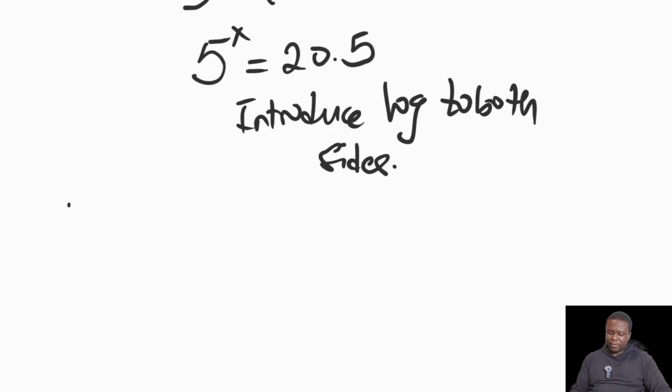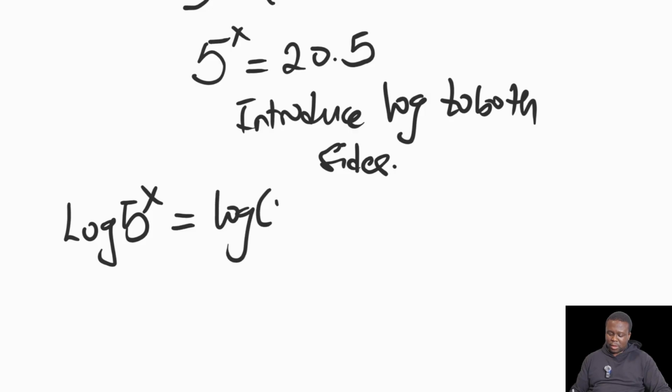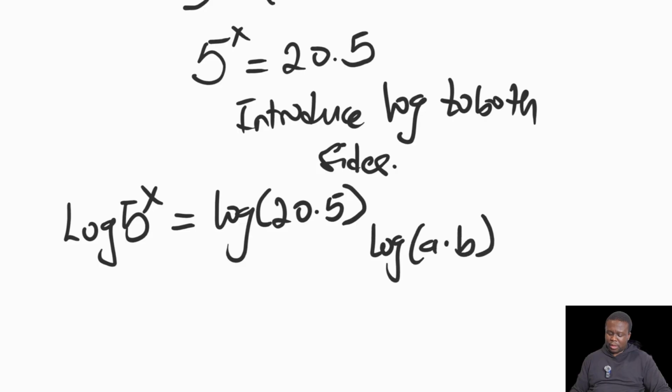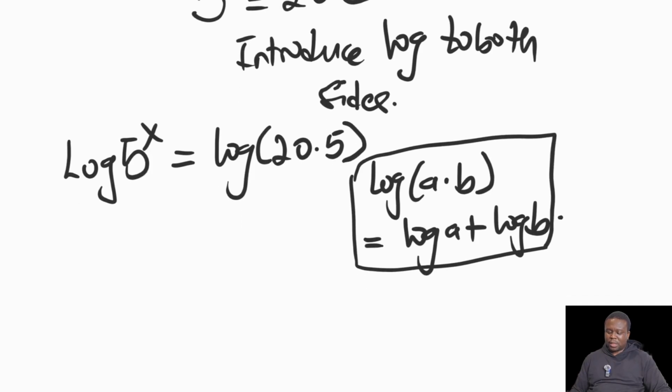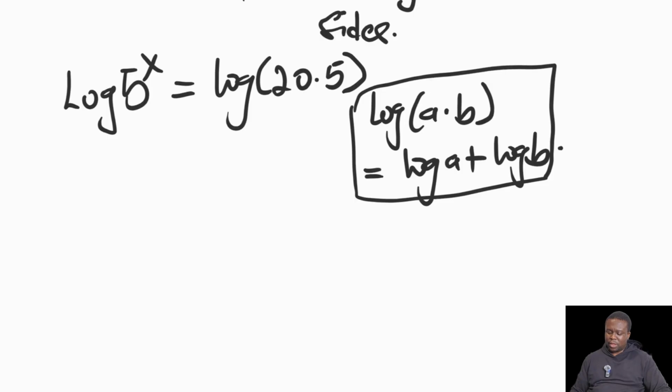So now we have log 5 raised to the power x equals log of 20 times 5. Now we know that log a dot b is the same thing as log a plus log b. So let's rewrite the right-hand side of the equation in this format.